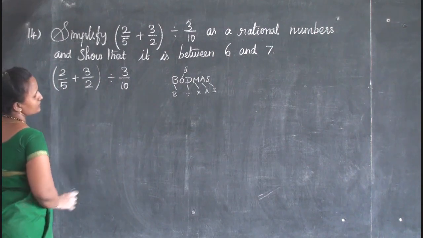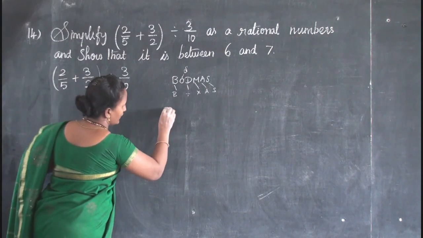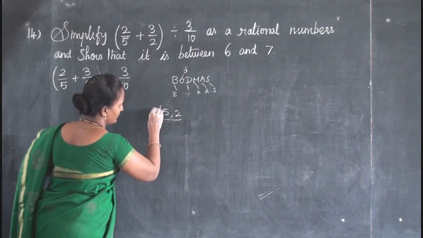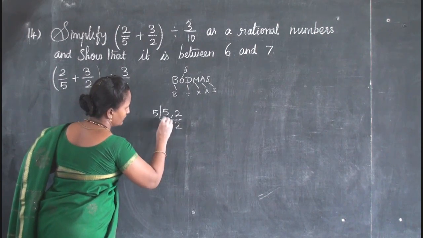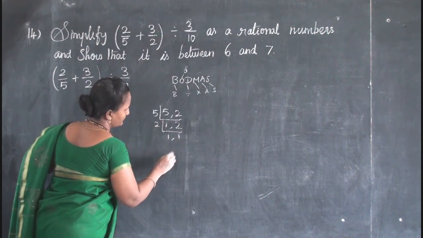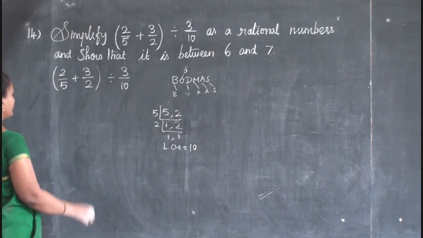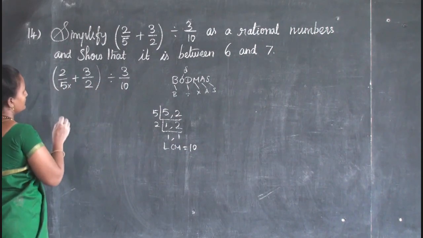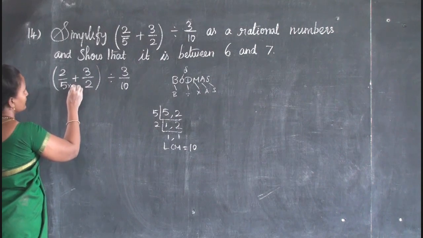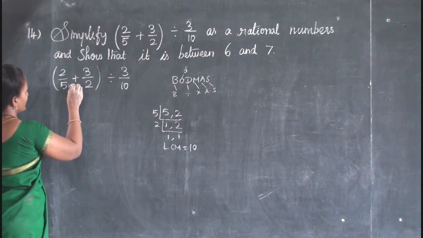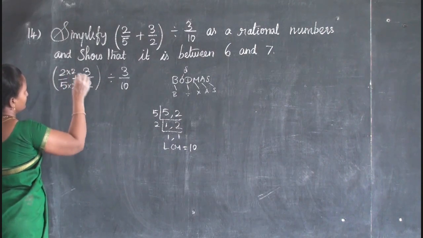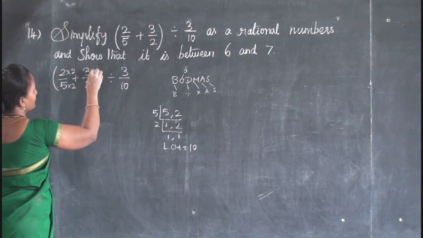Here the denominators are not equal, so take the LCM. LCM equal to 2 5s are 10. Now what do we have to multiply with 5 to get 10? 2. Here 5.